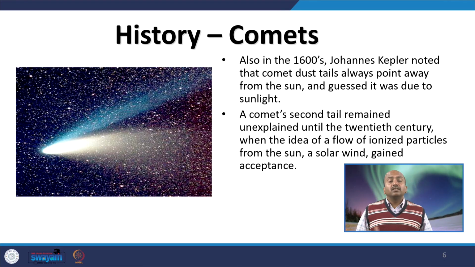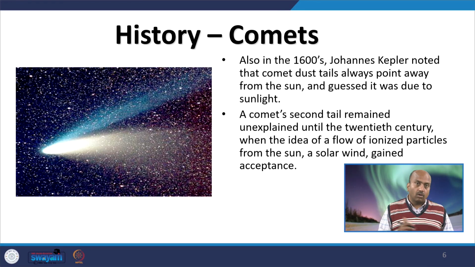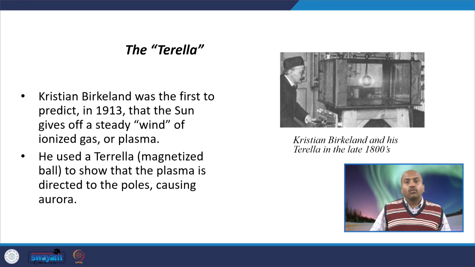So, the energetic nature of the particles was the clear reason behind these comet tails always pointing towards the edge of the solar system, irrespective of the direction of the movement of the comet, whether it is moving inwards or outwards. The tail always pointed outwards.